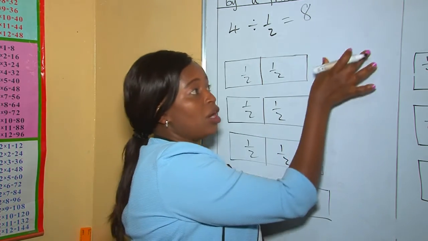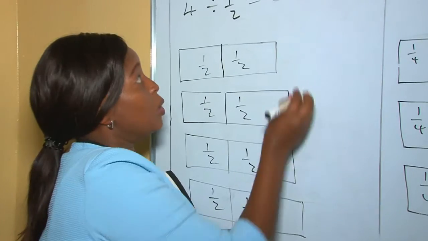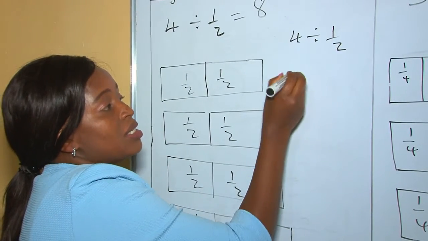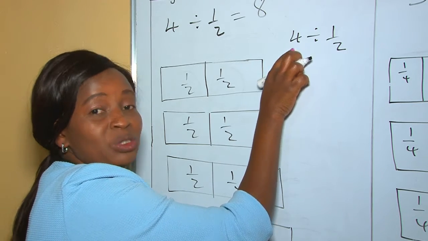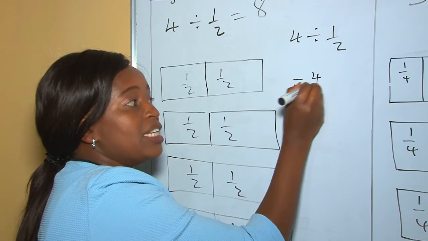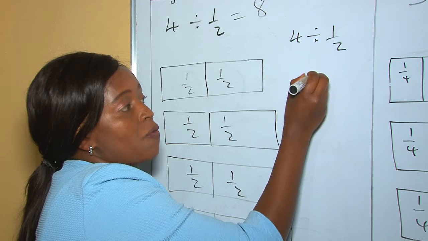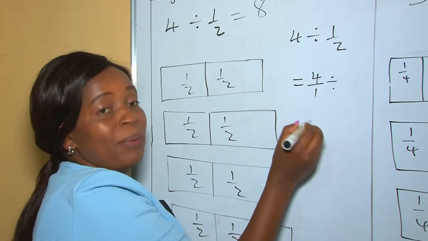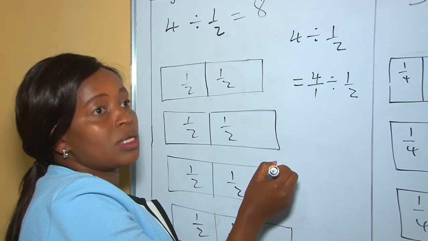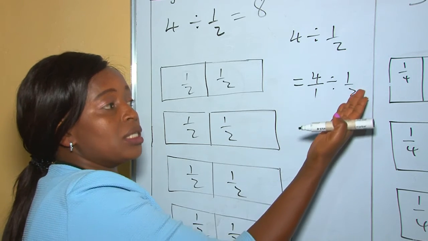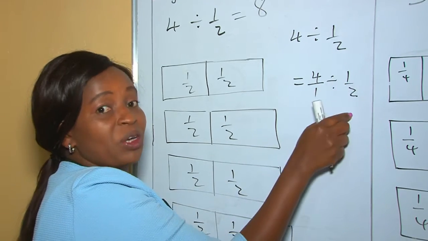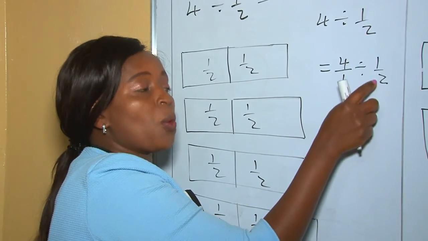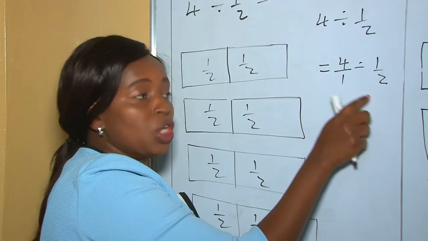Now let's do the long way, the mathematical way, which is 4 divided by a half. The first step, you change the whole number into a fraction by dividing it by 1. So 4 over 1 means 4 divided by 1, which is still 4, divided by a half. The second step, you change the second fraction into its reciprocal. This is our first fraction, this is our second fraction. Always remember, we are changing our second fraction, not the first one.